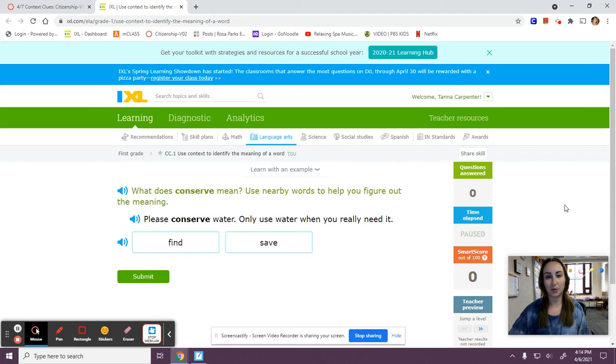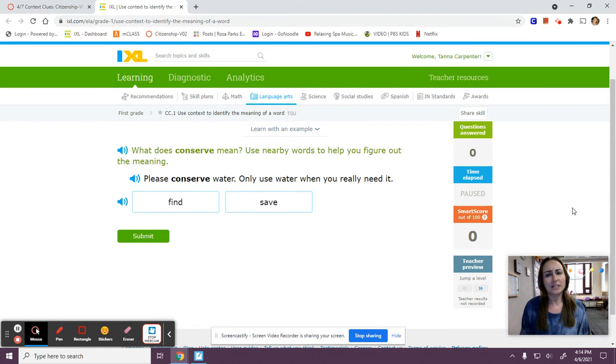For example, this one says, what does conserve mean? We're going to use our nearby words, our context clues, to help us out. Please conserve water. Only use water when you really need it. If I just look at the first part of that sentence, please conserve water, I know that somebody's asking me to do something, but I don't know exactly what.